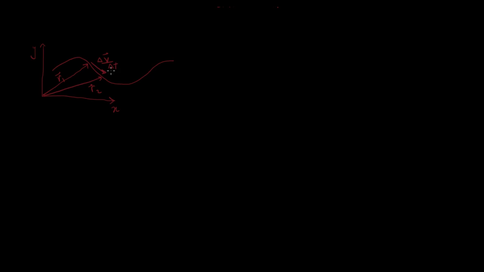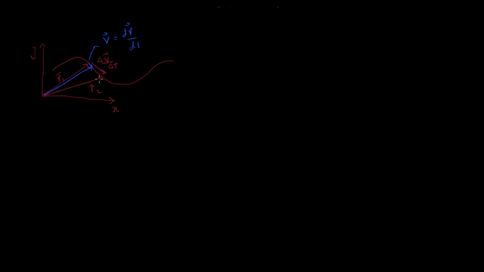Now if delta t is very small, the particle can't move far away. It probably goes only a little bit, and therefore this little thing here is the velocity vector, dr over dt. As you can see, it is always tangent to the pathway.